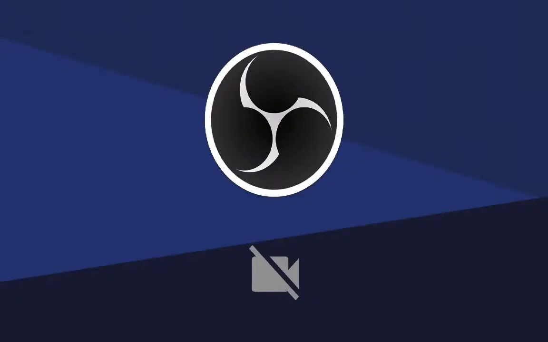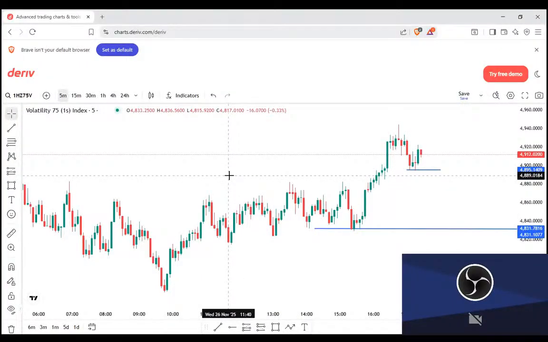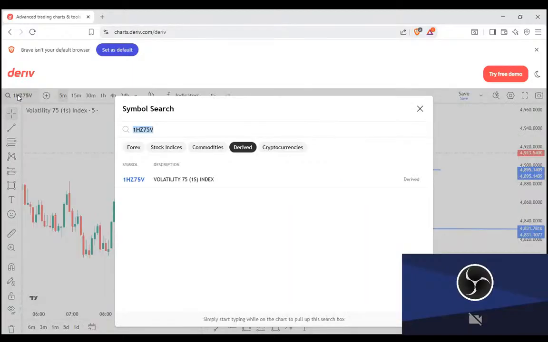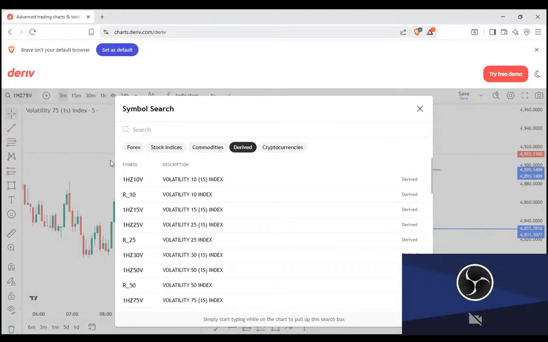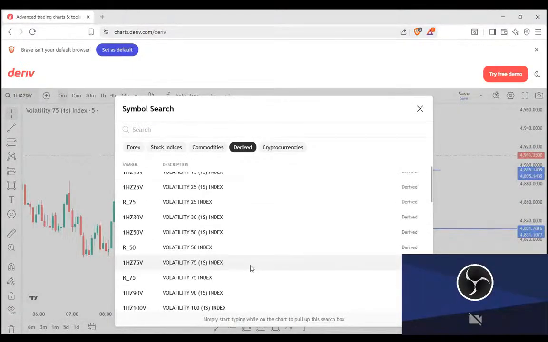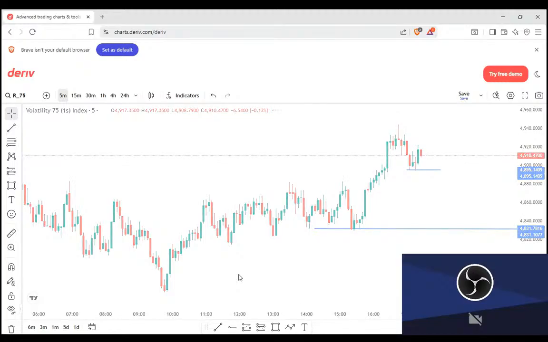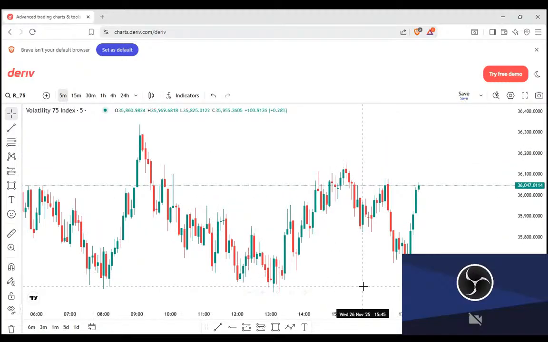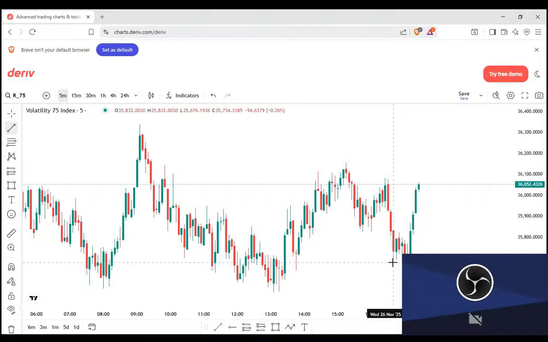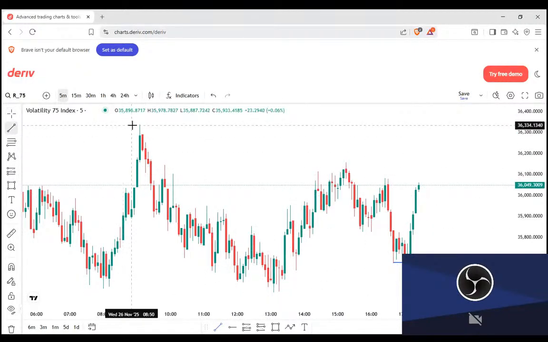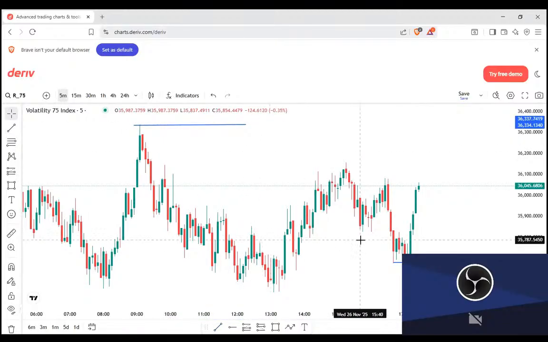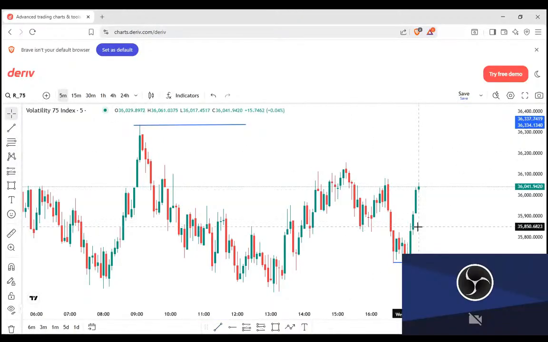Let me share the chart back. So this is it. Let's go down to the next one. 75 index. 75 index created this one, giving us these continuations.